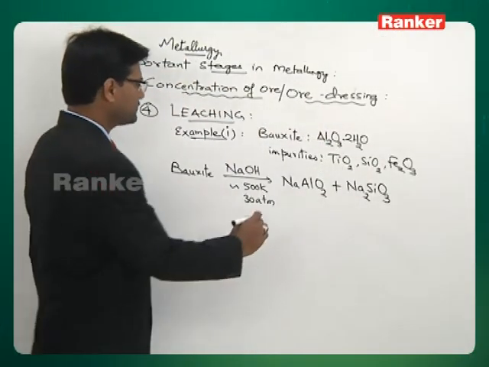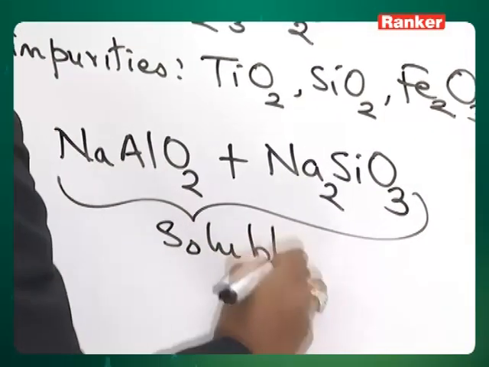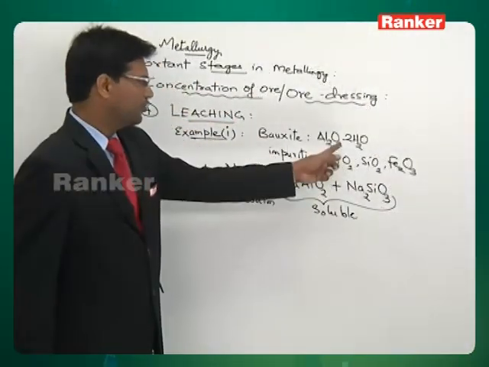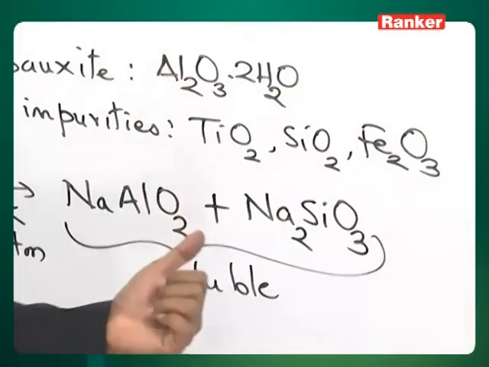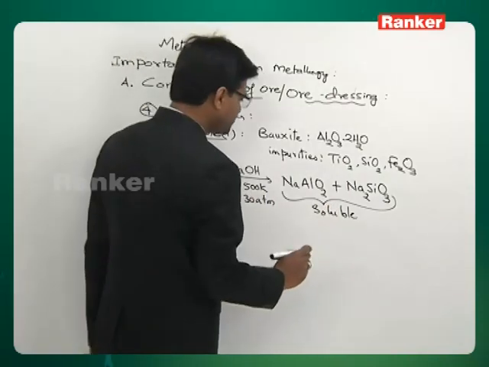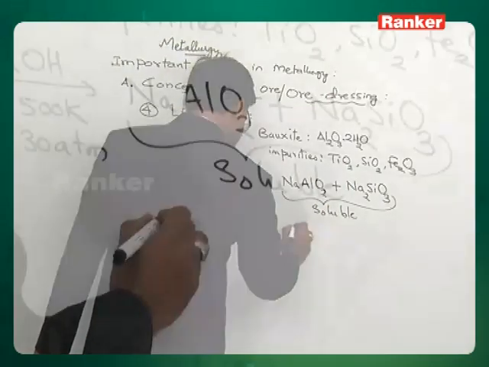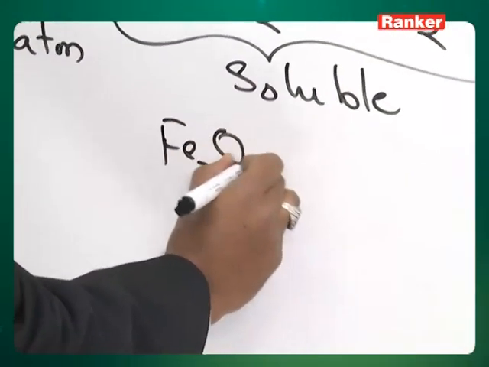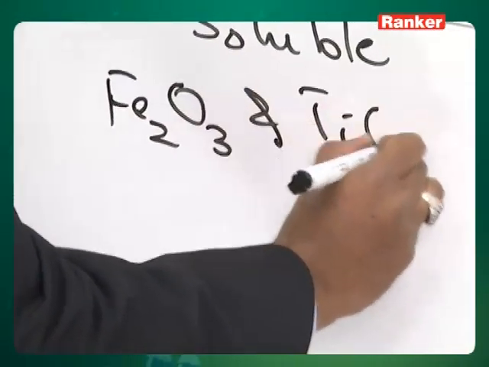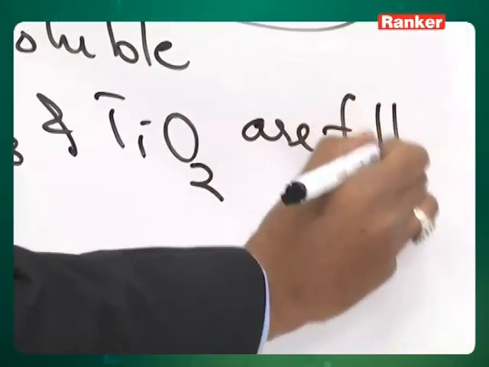These two are soluble substances. Two components, the ore and one of the impurities, got dissolved in the sodium hydroxide. The impurities Fe2O3 and TiO2 are filtered out.